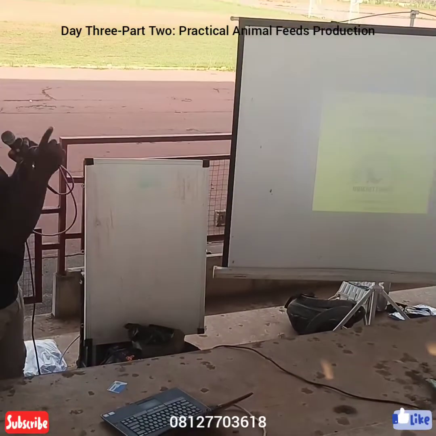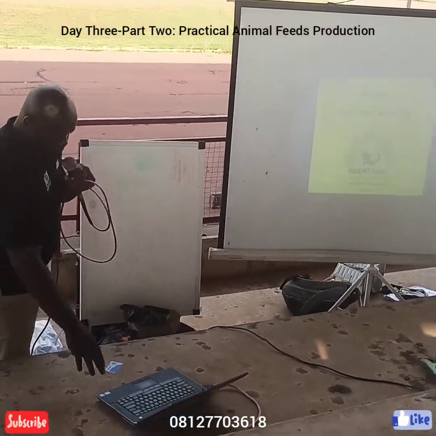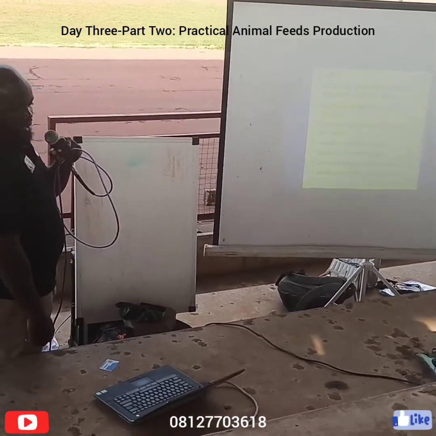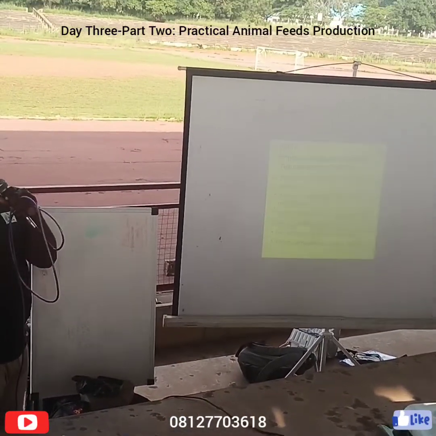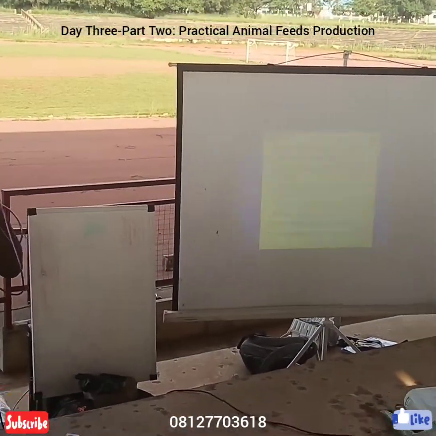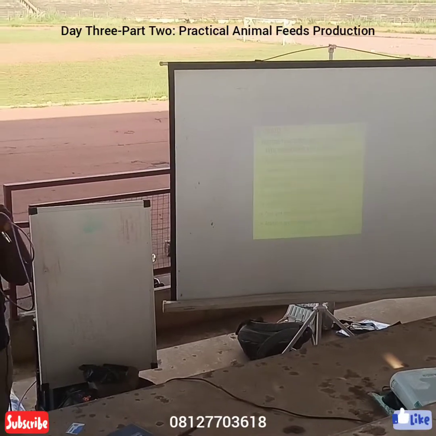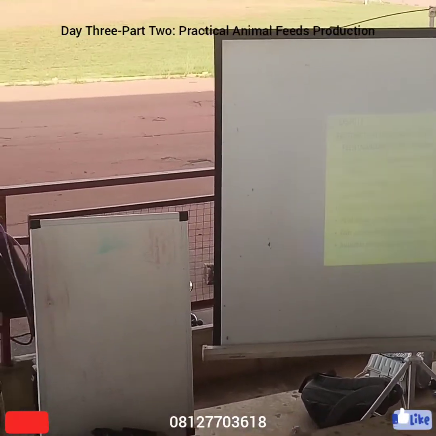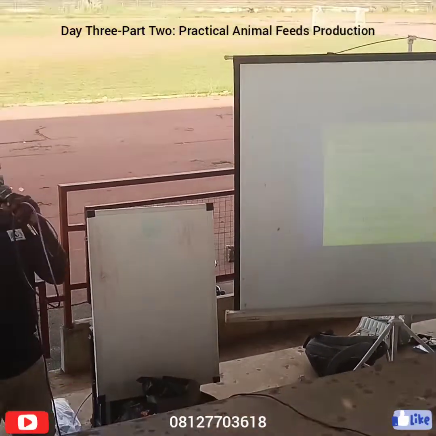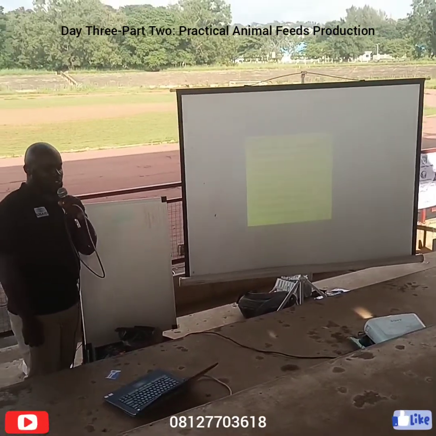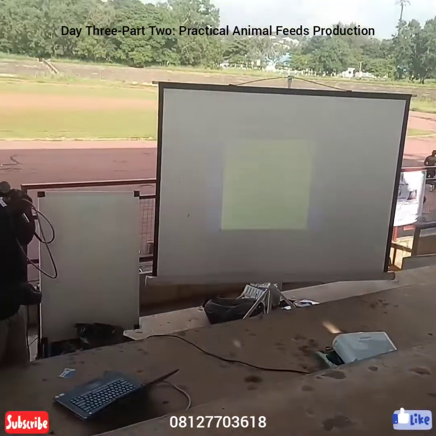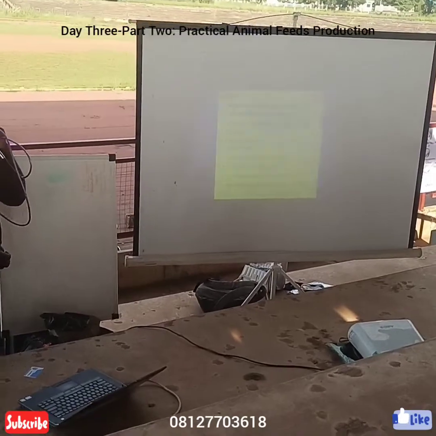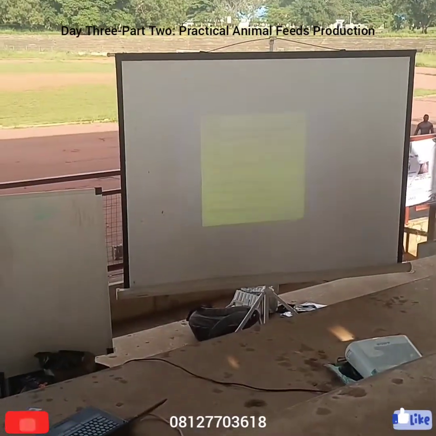But before we start the formulation, there are some certain things we need to know. There are some factors you consider before you choose feed ingredients and the feed formula you need to formulate your feed. Some of those things include the nutritional requirements of the livestock.